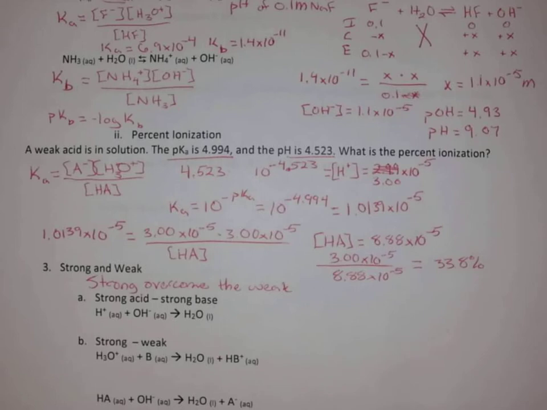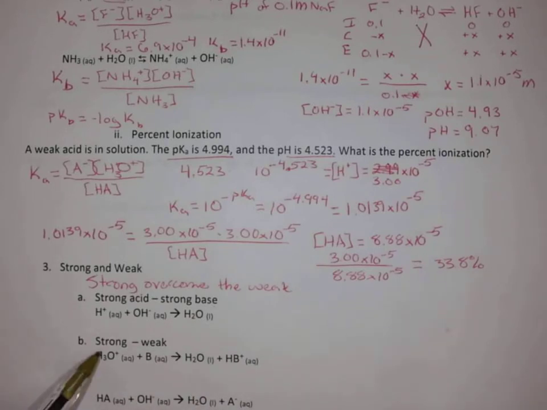If we've got an excess reactant, we should be able to calculate how much excess we have, and then that excess is going to tell us the OH minus concentration, or it's going to tell us the H plus concentration. We can go ahead and solve for pH, etc. Okay? So strong and strong is the easy piece here, all right?